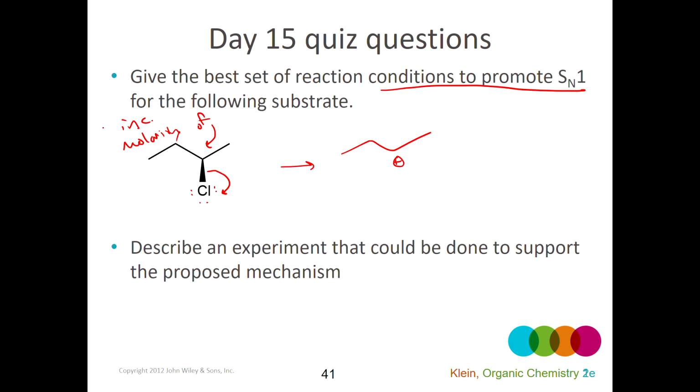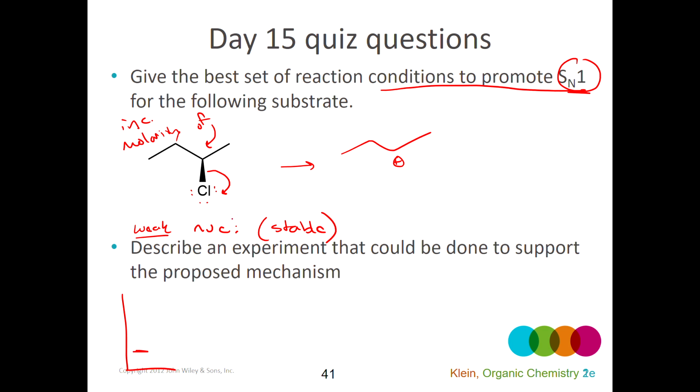If you wanted to promote SN1 by trying to stop the SN2 from occurring, you could say that you're going to use a weak nucleophile. That could be reasonable. If I use a weak nucleophile, that means it's relatively stable, so it's kind of starting relatively low in energy.